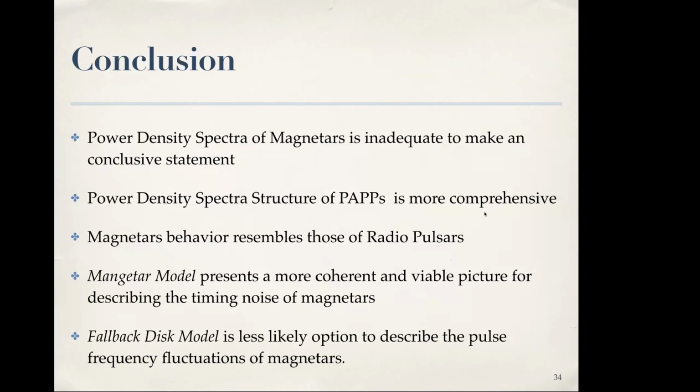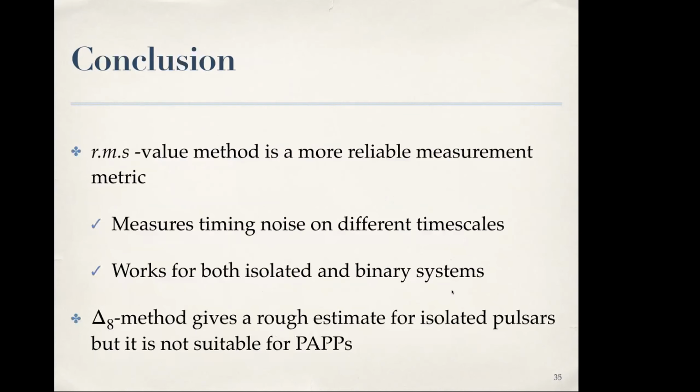From here, we can conclude that the magnetar model presents a more coherent and viable picture for describing the timing noise of magnetars. And since we did not find a correlation between the X-ray luminosity and the timing noise strength of magnetars, we conclude that the fallback disk model is a less likely option to describe the pulse frequency fluctuations of magnetars.